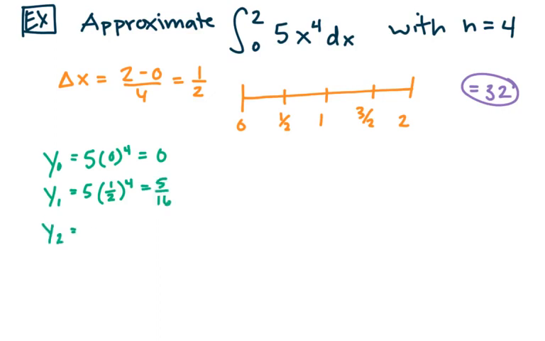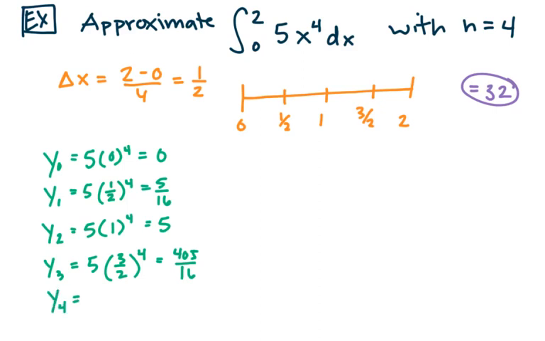Y sub 2 would be 5 times 1 to the 4th, or 5. Y sub 3 would be 5 times 3/2 to the 4th, which gives 405/16. And y sub 4, plugging in 2, is 5 times 16, or 80.